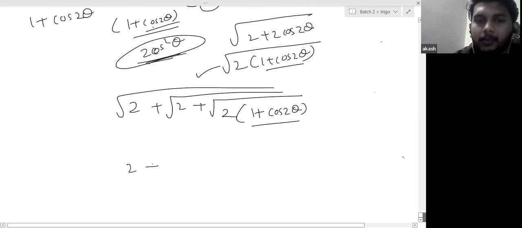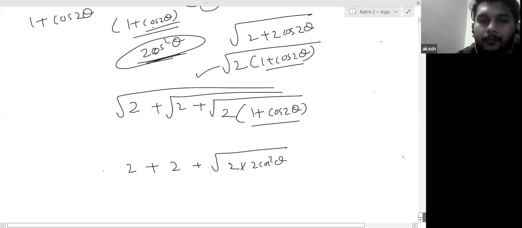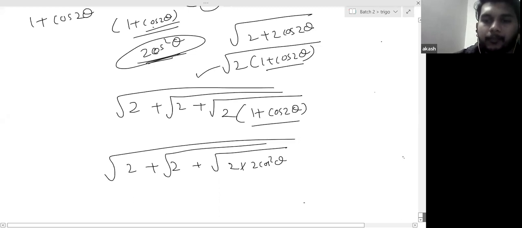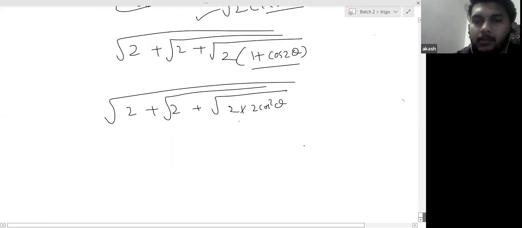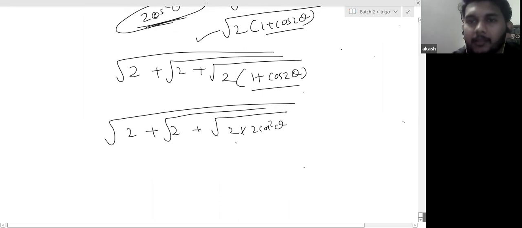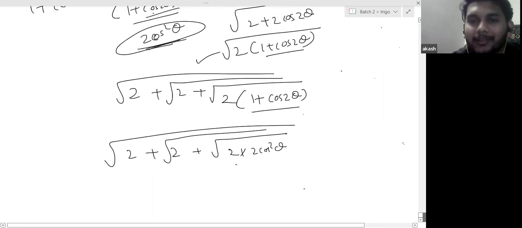So this is 2 plus under root 2 into 2 cos square theta, right? And 2 under root here. Now this is 4 cos square theta. Under root of 4 cos square theta is 2 cos theta. All right, I think I gave this question wrong.